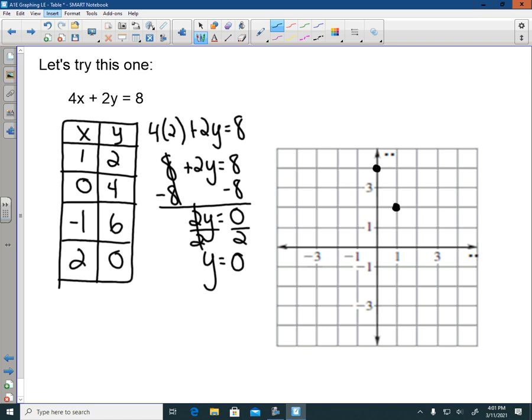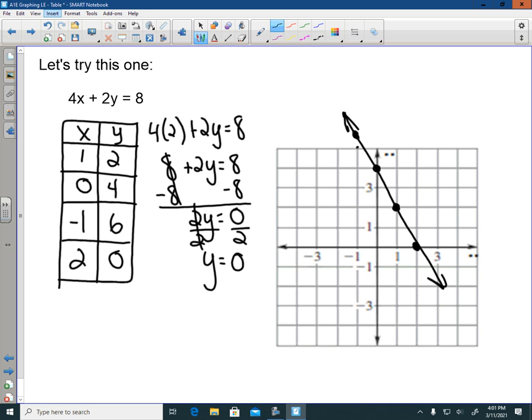That's going to be up here somewhere because here's 5. So 6 is going to be right up here somewhere. And then 2 to the right and 0 lives right about here. Okay. So then let's connect those as the line that they are. And there you have it.